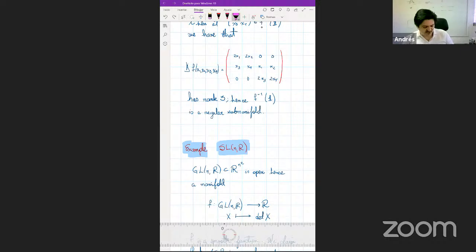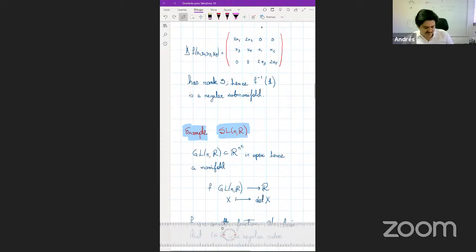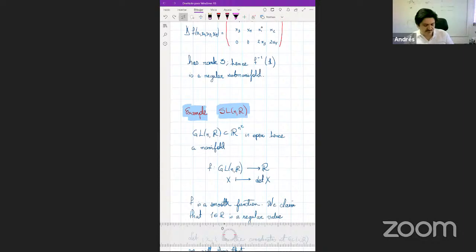So this is a smooth function. And I would like to see that the one here is a regular value. And in that way, I will have that this is a manifold, because the pre-image of 1 will be the set of all matrices of determinant 1. So I'll be done once I show that 1 is a regular value of the determinant.